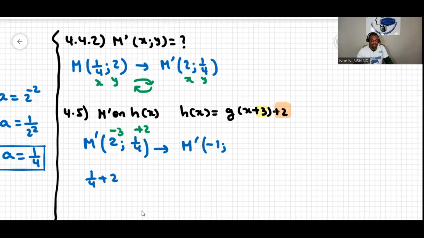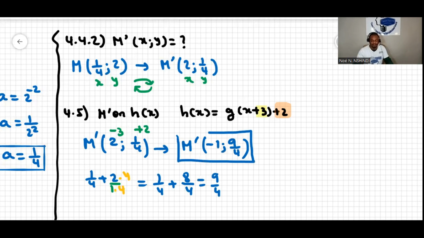Remember, 2 has a denominator of 1 here, so we need to make it a fraction with a denominator of 4. I'm going to times by 4 here, and then this will become a quarter plus 8/4, and then this is 9/4. So that's 9/4. This is the new M prime. Thank you.